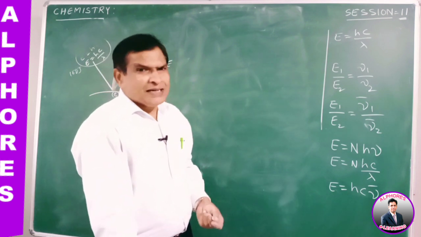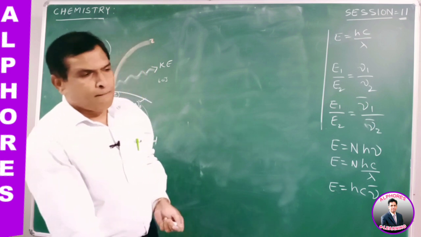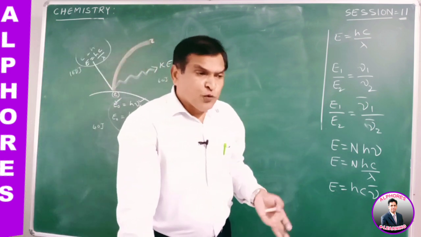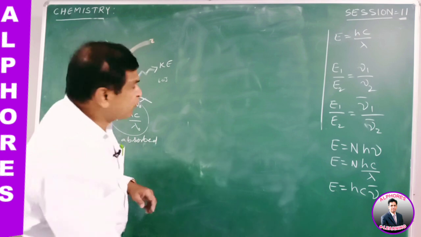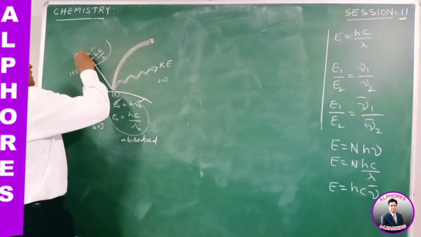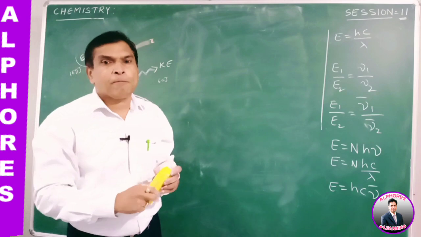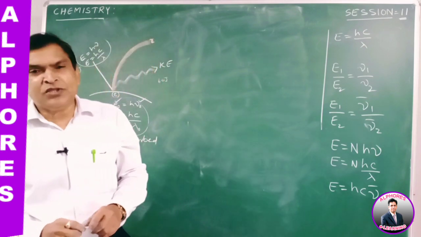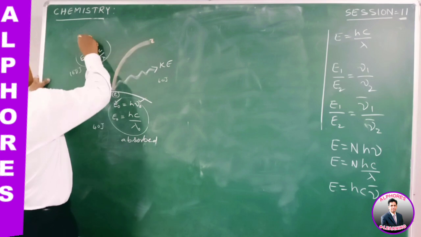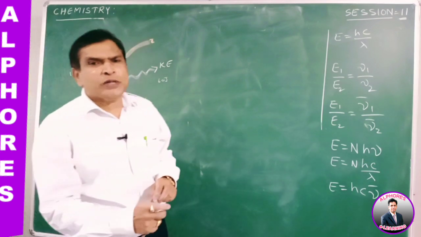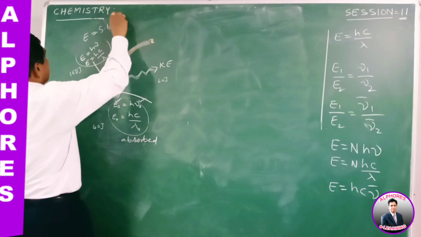In photoelectric emission, or you can say in the photoelectric effect, the energy of a photon striking the metal surface is E, that is 5.6 into 10 to the power minus 19 joules.